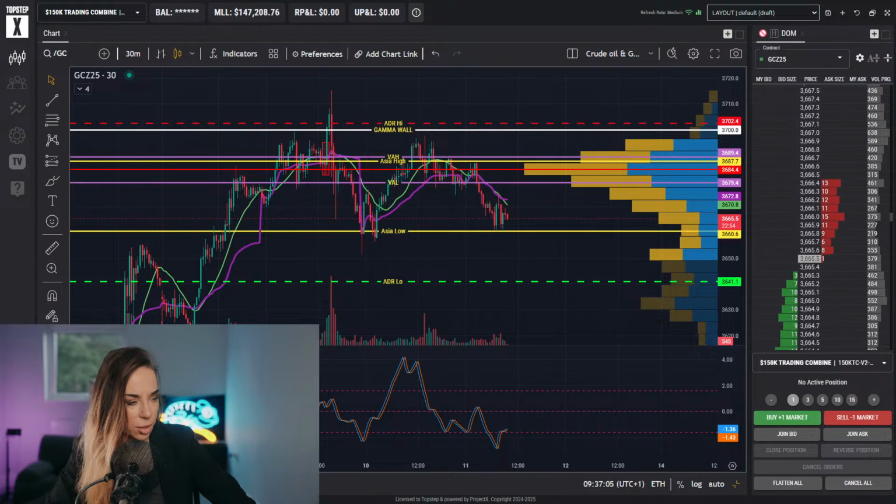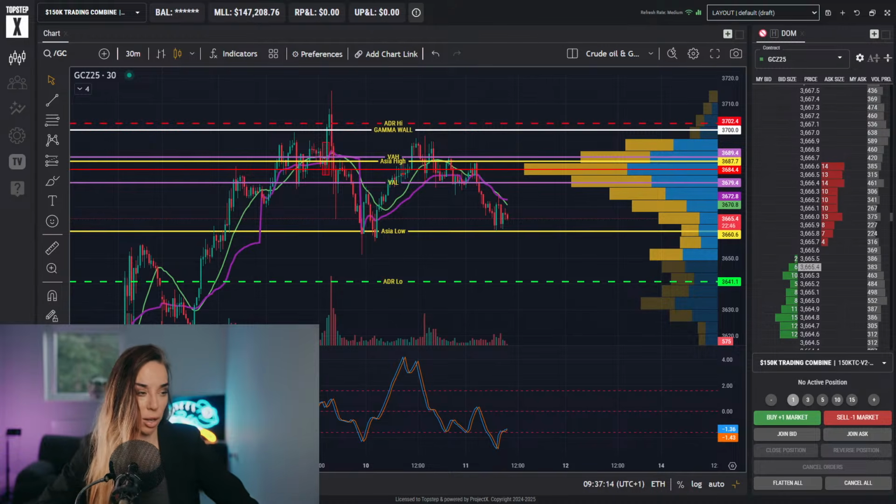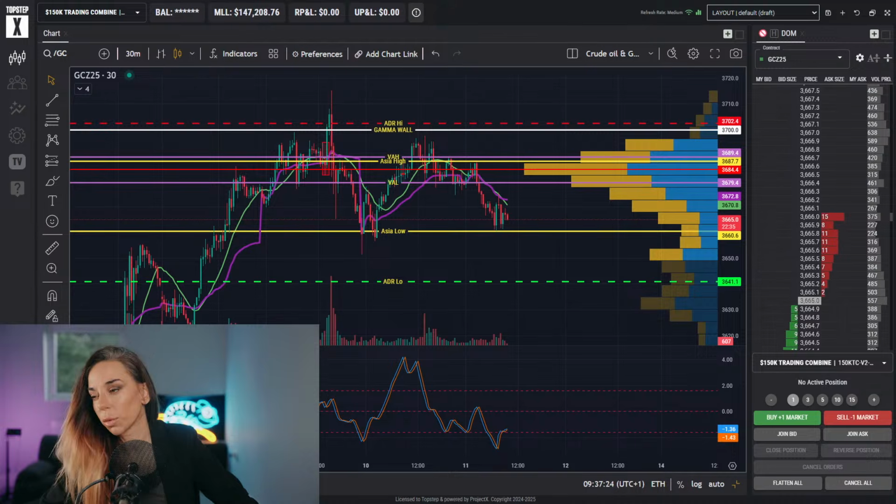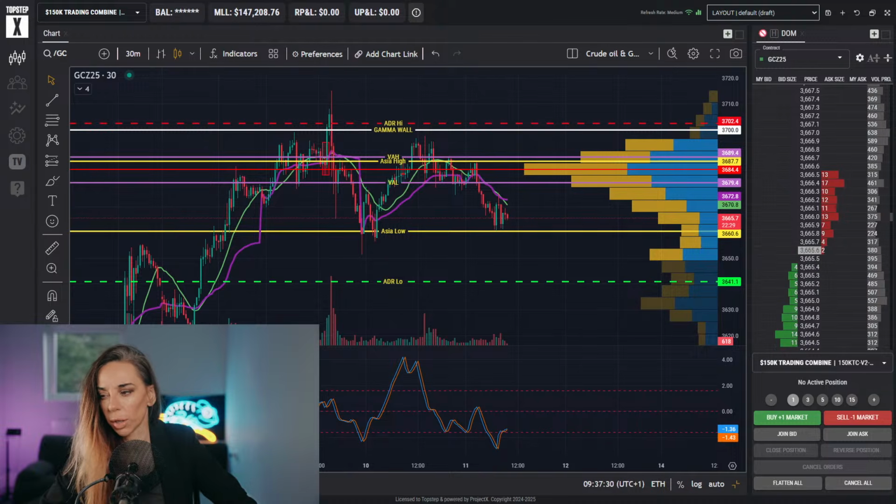The GEX levels have sort of rearranged a little bit. And we also had a put support from the end of day yesterday at 3680. That's also the same. And we'll see whether some setups occur around the Asia low in particular, because that is the closest level, and how the price is going to behave around it.